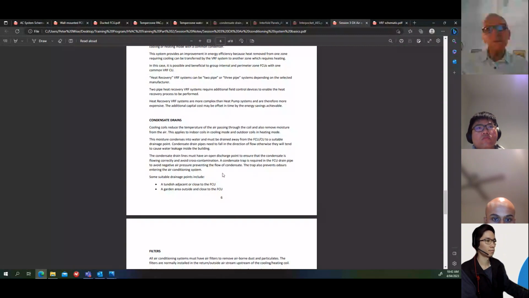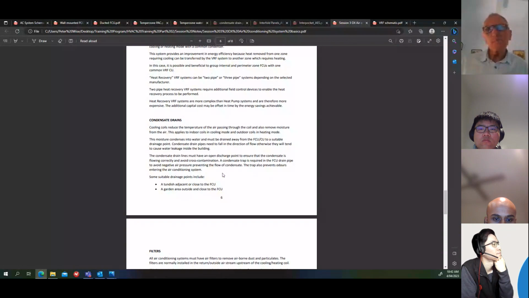What I mean by that is the condensate pipe is connected to the drain pan underneath the cooling coil, and the air is being drawn through the cooling coil or blown through it. If it's being drawn through, you're creating a negative pressure. If you don't have a water trap in the pipe, then the water won't flow. So you're going to cause a problem there.